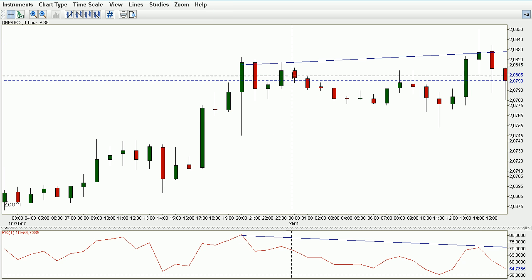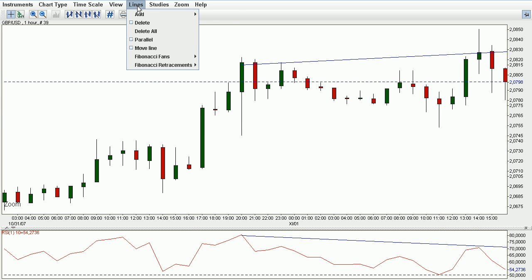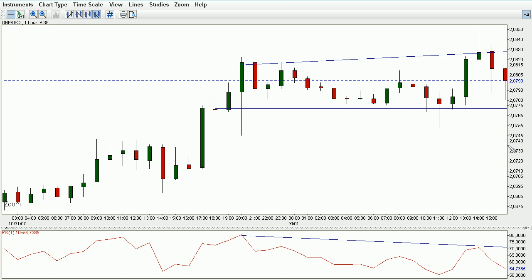Now you can see more clearly what I mean here, and it is good to notice that if we have a break below this area here of 2775, then we should be expecting to see further declines, since this is going to be a break below a support area formed by these two lows here.